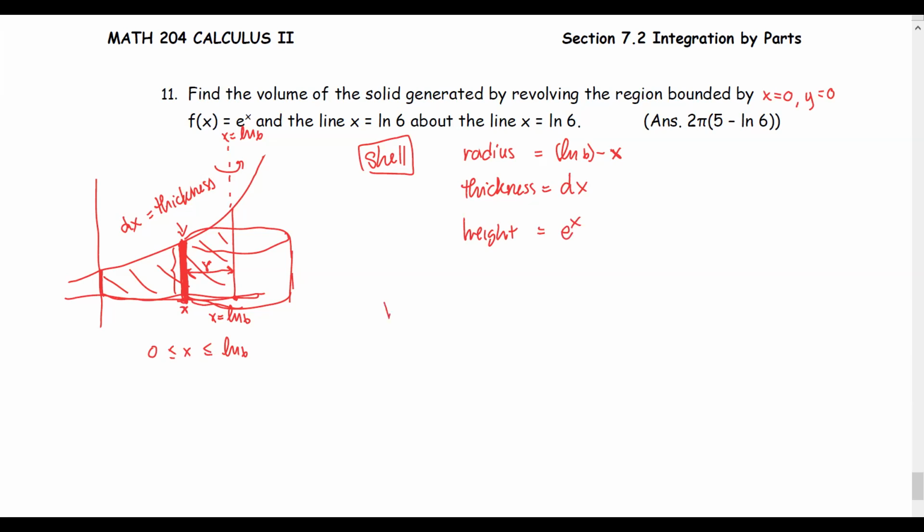Now from the formula, the volume of revolution using the shell technique is V equals the integral from 0 to natural log 6 of 2 times pi times the radius, which is natural log 6 minus x, times the height, which is e to the x, times the thickness, which is dx.